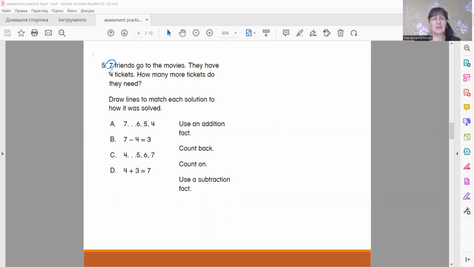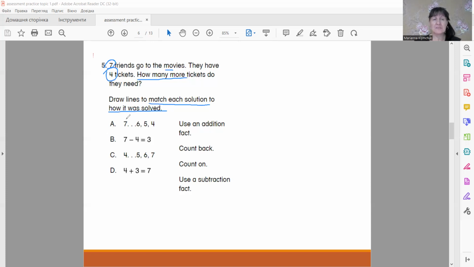They have 4 tickets. How many more tickets do they need? Okay, you know that how many more is minus, but now really we don't need to solve this. We just need to show. Here you have all the solutions. We just need to match each solution to how it was solved.